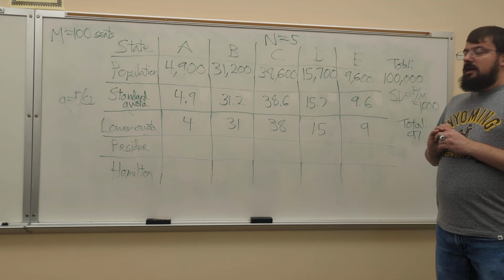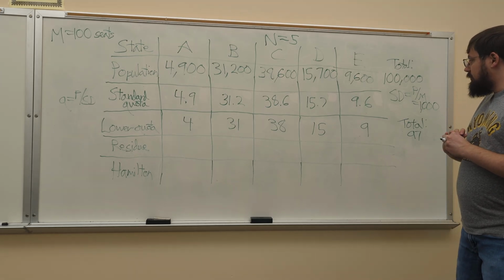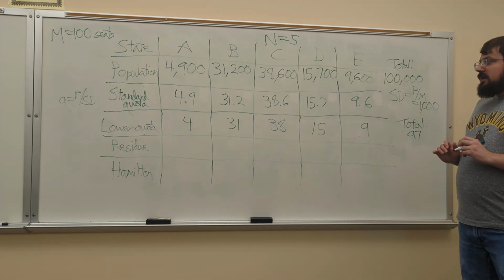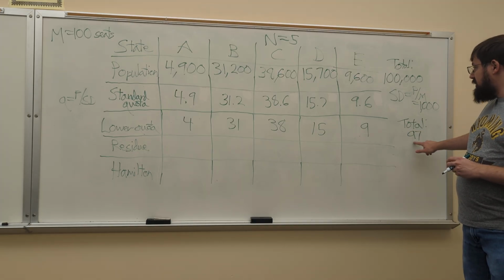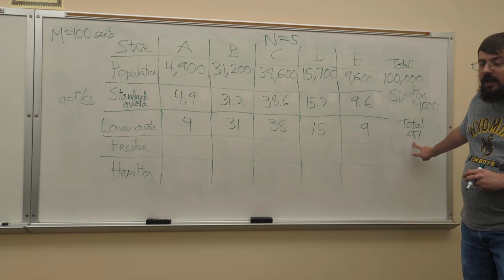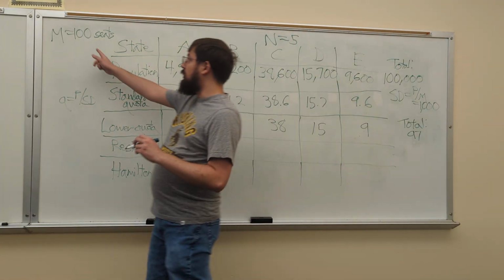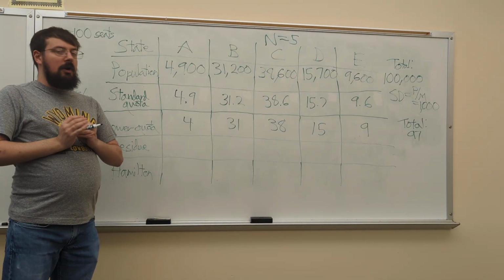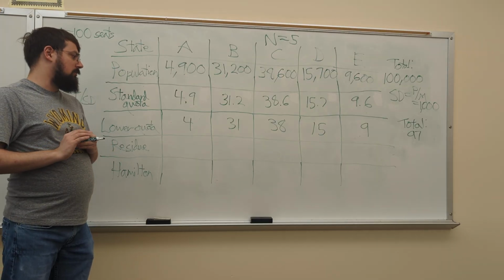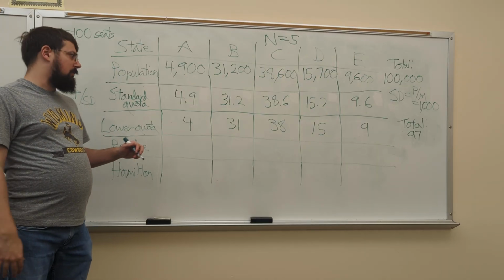Now, at this point, we have 3 more seats that we need to allocate to get up to our total of 100. So we need to figure out who we're going to give those remaining 3 seats to. And we're going to base that off of the residues.